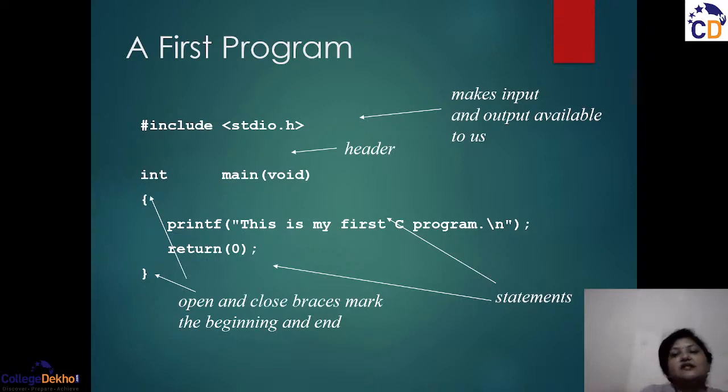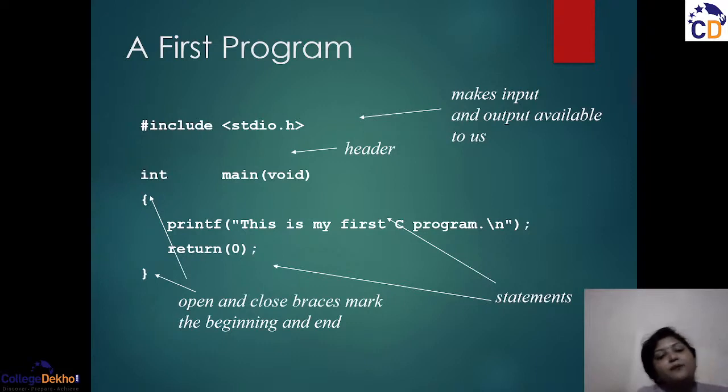Because it is a case sensitive language, you need to follow the syntax, because there is a difference between uppercase and lowercase characters. It would be different for the compiler. If you type C in uppercase and C in lowercase, it would be different in memory because they have different ASCII values, right?